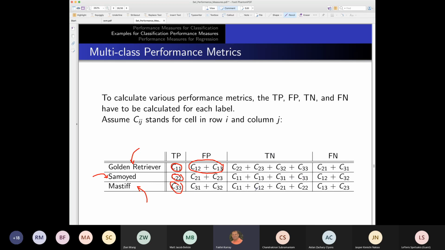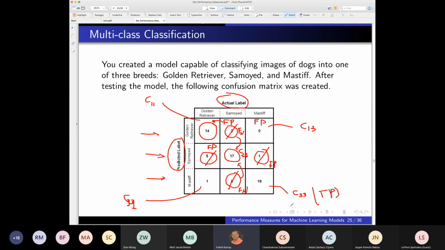The true negative is everything that is not related to the mastiff component. So this is what we call the true negative. And the false negative is the one that is located within that particular component. So this is the false negative for this particular one.